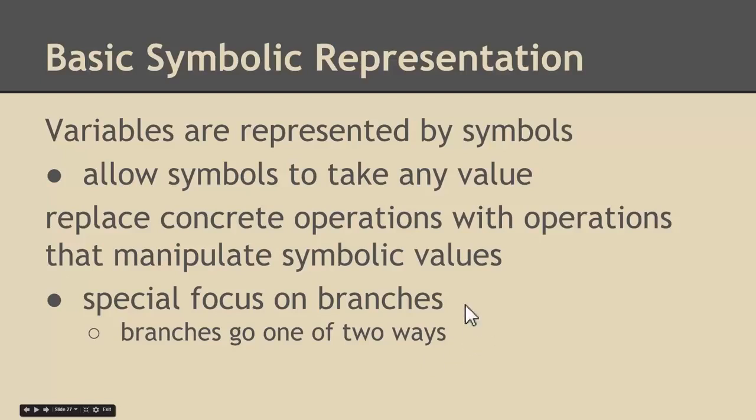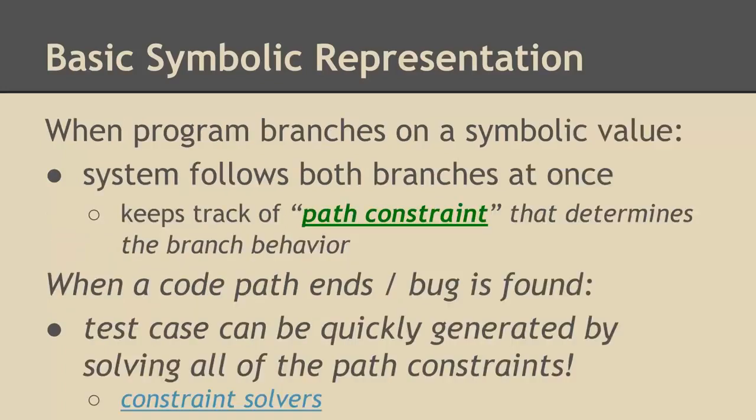And by transferring it to more of an algebraic approach, you can have a special focus on branches. And obviously, branches go one of two ways. This approach allows you to keep track of path constraints.